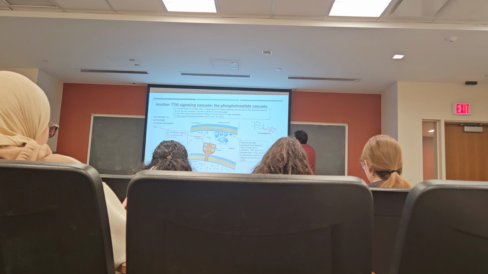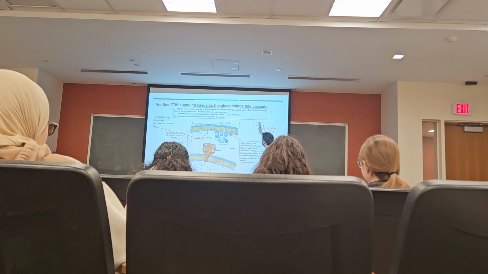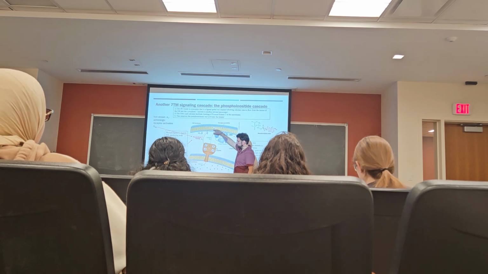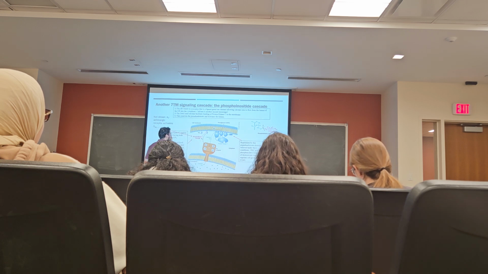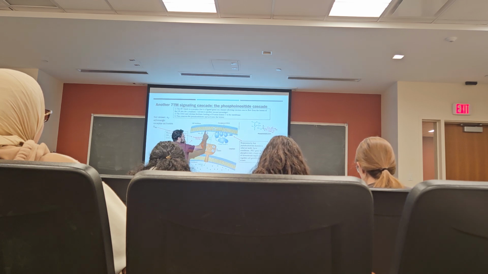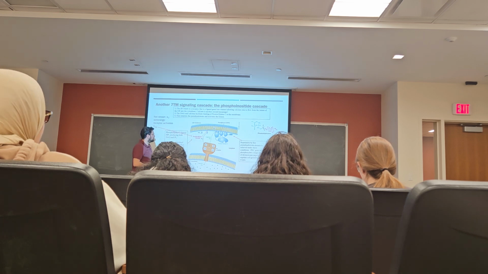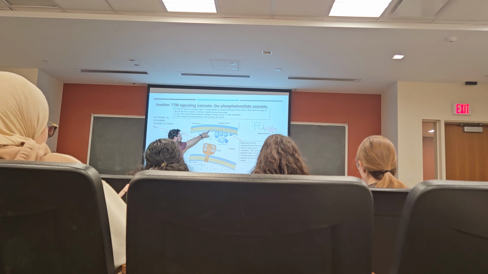IP3 is cleaved from the phospholipid, phosphatidylinositol 4,5-bisphosphate, and this leaves us behind a glycerol with 2 fatty acids, or diacylglycerol, which behaves very much like a membrane lipid. In fact, it is a membrane lipid. So this remains in the membrane leaflet itself, free to diffuse laterally, again, like we saw in our membranes chapter. So now we have 2 secondary messengers, IP3 and diacylglycerol.